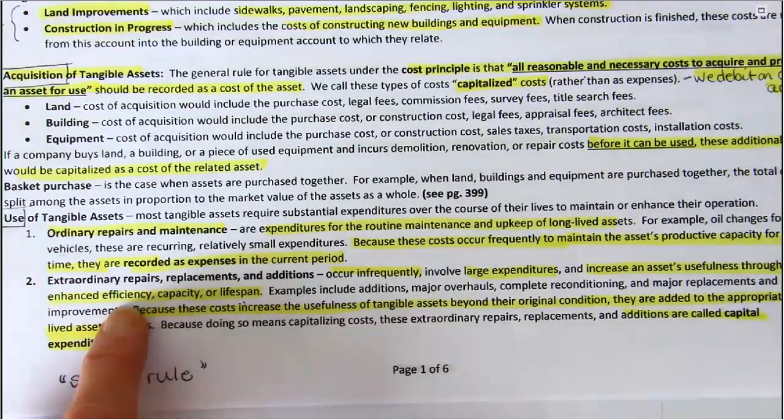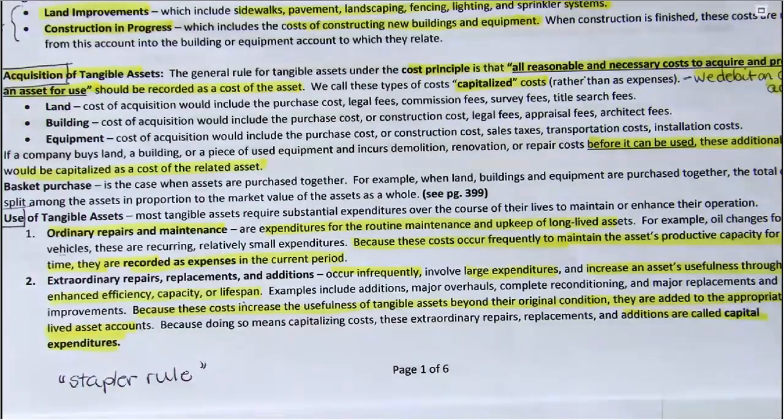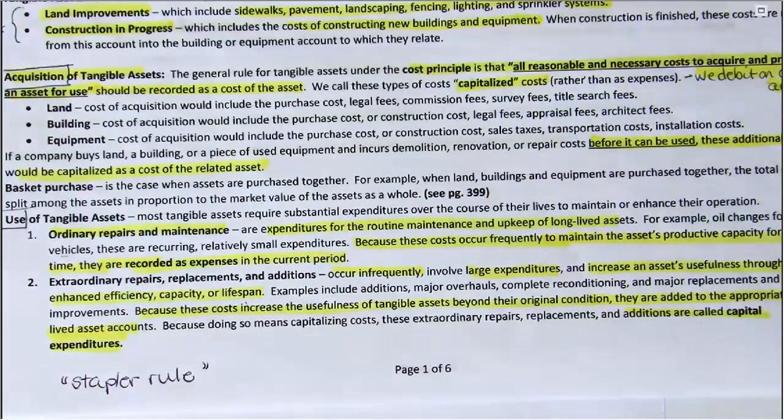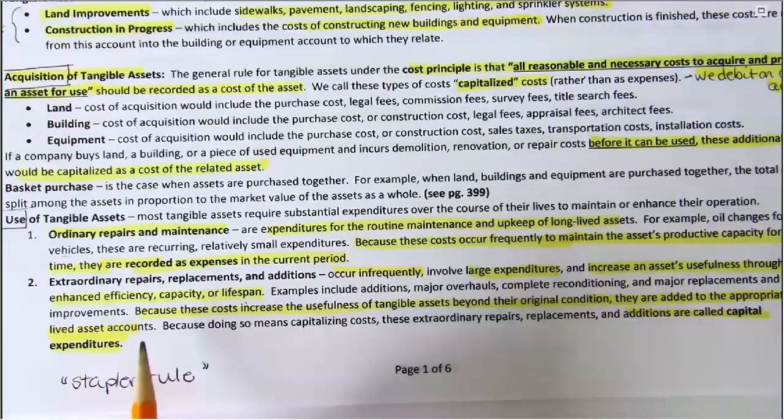It's able to perform its process more efficiently because you made this investment in the machine. Maybe you overhauled something on the machine. That would get debited to the cost of the asset. So these are things that you're going to benefit from over the time you use the asset. So we're going to debit the cost of the asset and depreciate that over time if they benefit more than one period. Any questions about that, the differences between those?